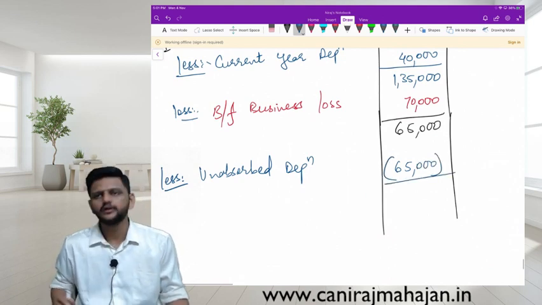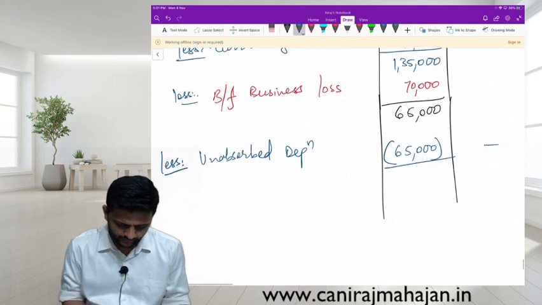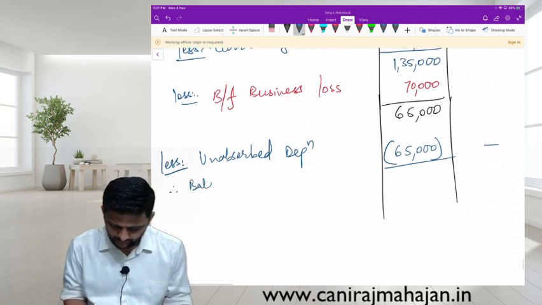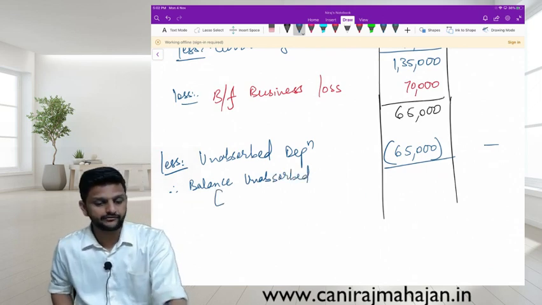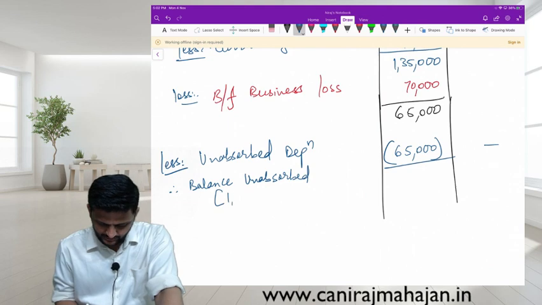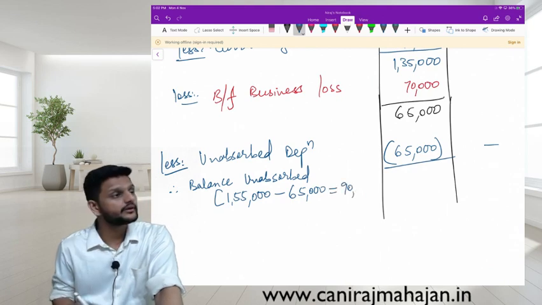Outer column? Dash. Correct? So therefore, over here, balance unabsorbed is how much now? 90,000. It was 1,55,000, yes. Minus 65,000 is 90,000. Correct, no?